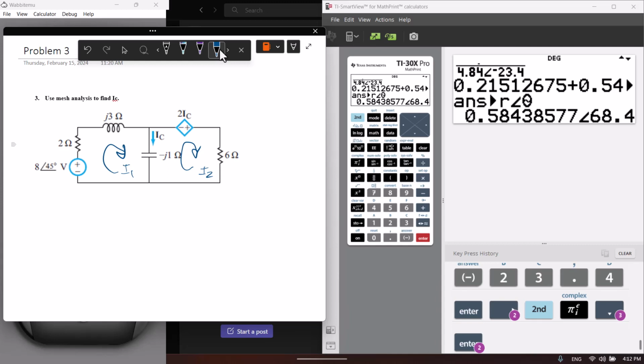All right, so when I write my mesh for I1, I'm going into the negative, so that would be of a voltage source.